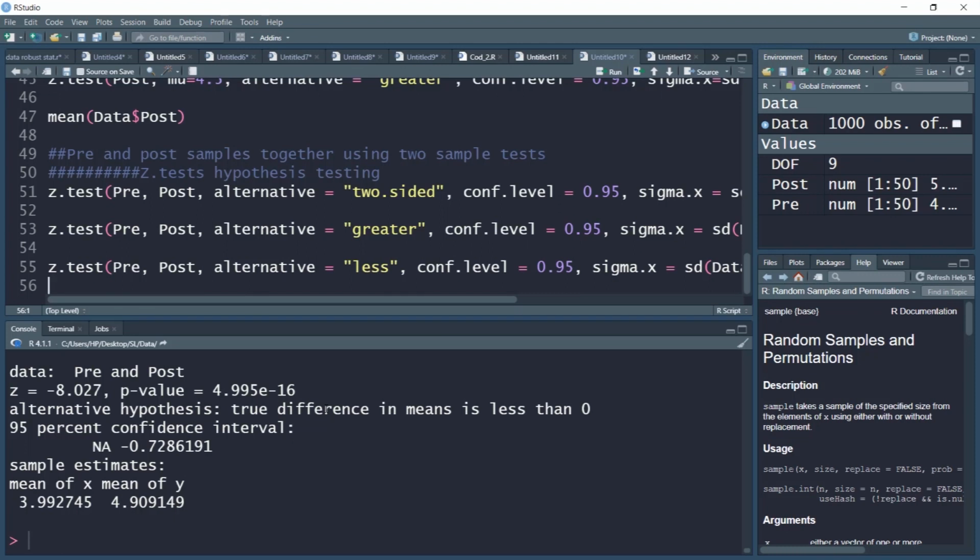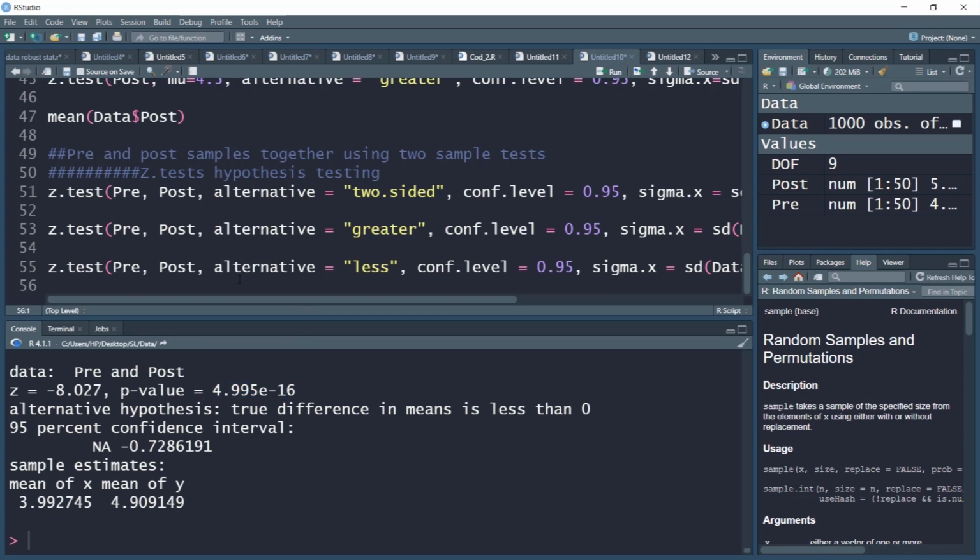So the null hypothesis is that it is not less than post, and the alternate hypothesis is that pre is less than post, and clearly the null is rejected. It appears that the hypothesis that pre is not less than post is rejected with a lot of confidence. The p-value is much lower and a very high level of significance is associated with this. That means we can very easily say that post is greater than pre.